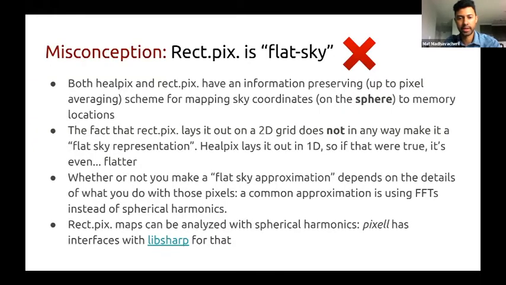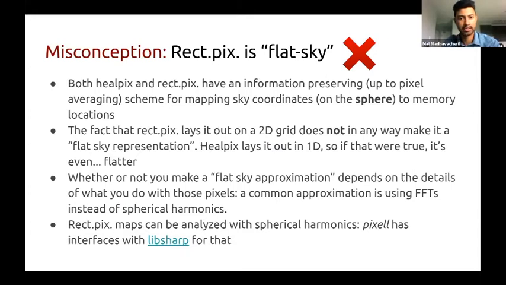I want to spend a minute to address a misconception. Once you get a map in rectangular pixelization, that does not mean that it is quote unquote flat sky. Both Healpix and rectangular pixelization have a scheme that's information preserving up to pixel averaging for mapping sky coordinates to pixel coordinates.